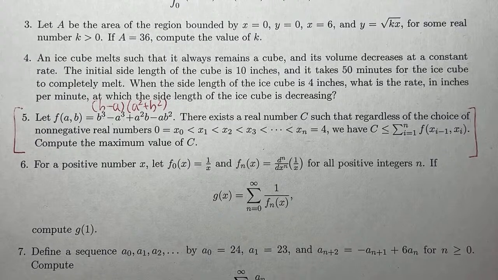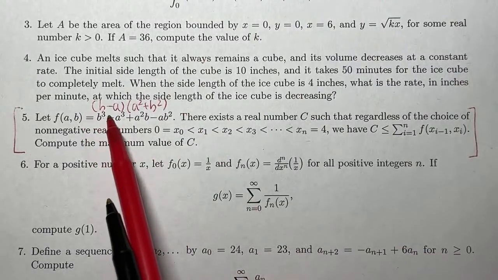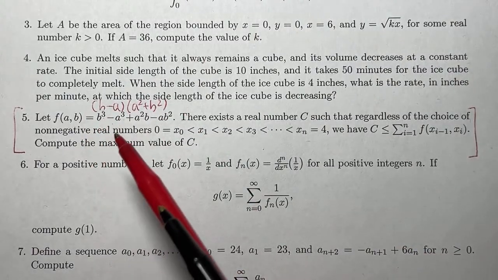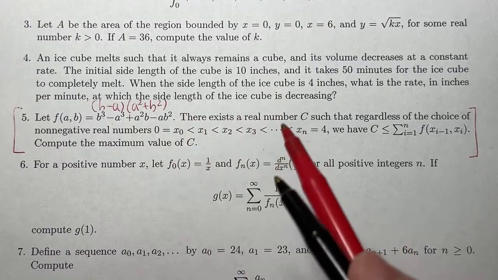Okay, so Zhang Yu said it's 2 times the integral of x squared from 0 to 4. Close, very close. b minus a becomes dx. Not entirely.